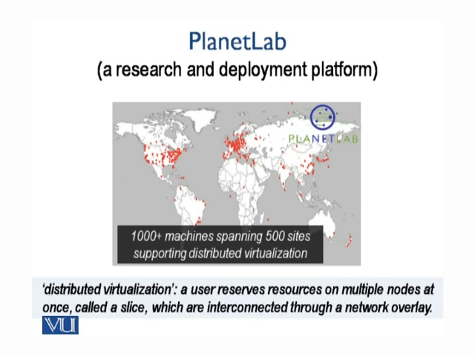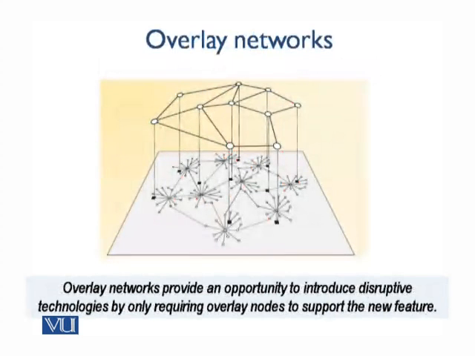In this, a user reserves resources on multiple nodes at once, and these resources are known as a slice, and these are interconnected through a network overlay. Let me show you what a network overlay is. You can see on the slide, on the base layer, you have a physical network, and then some of the nodes of this base network are connected in what is an overlay network.